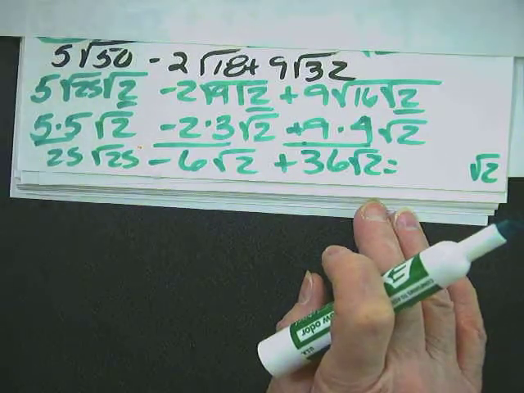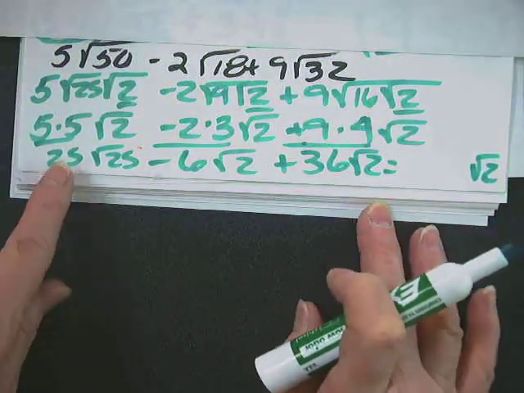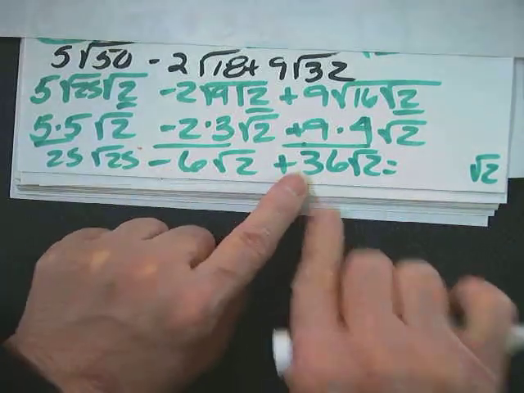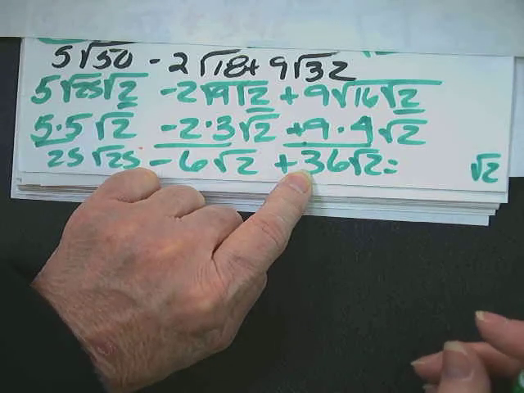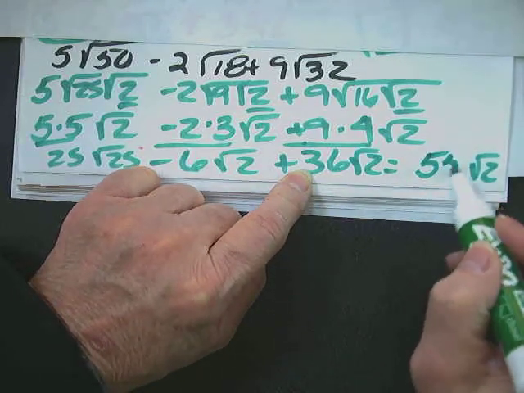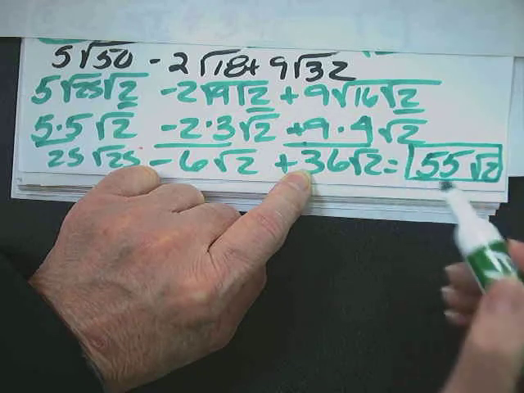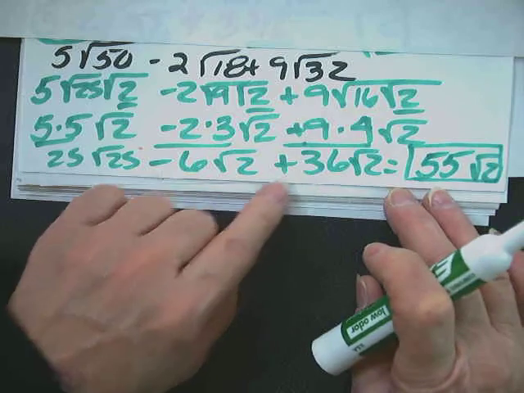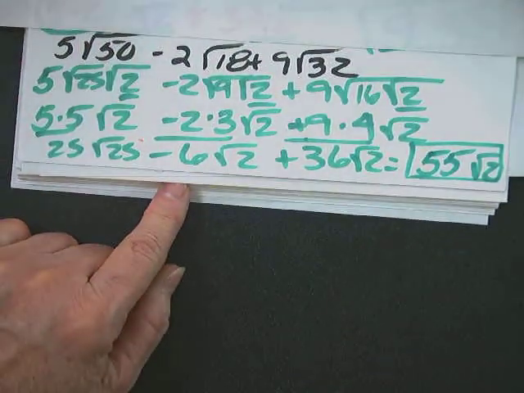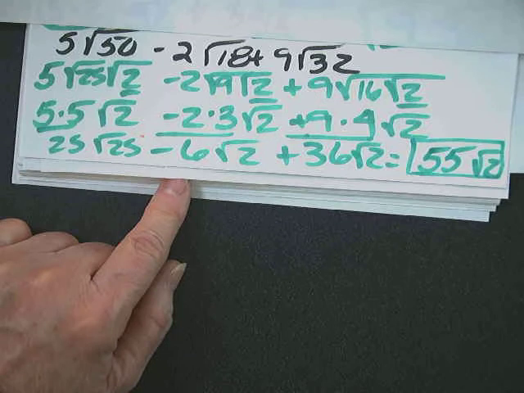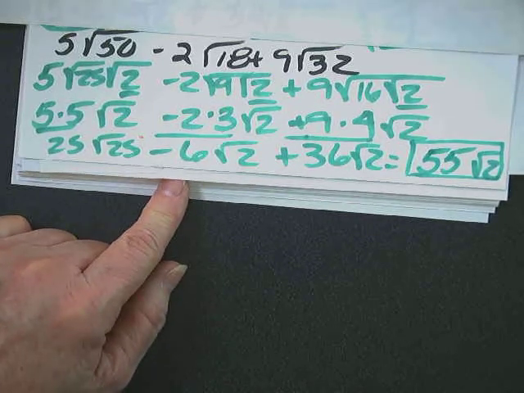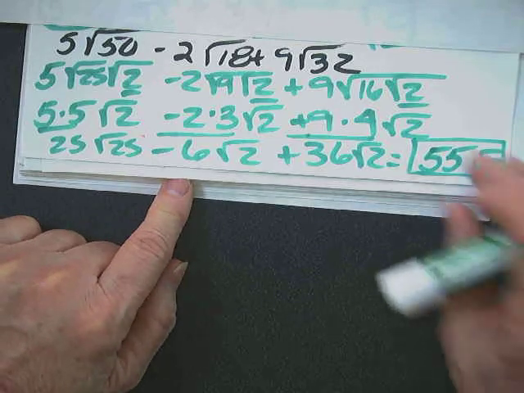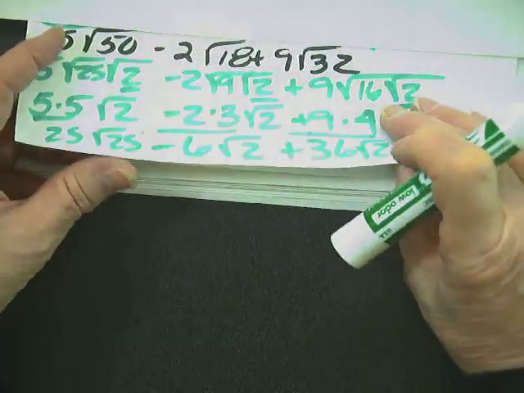Okay, we have 25 minus 6 plus what? 36. So we're going to have a square root of 2 term because I don't think they're all going to cancel out. 25 minus 6 is 19. 19 plus 36 is 55. There you go.